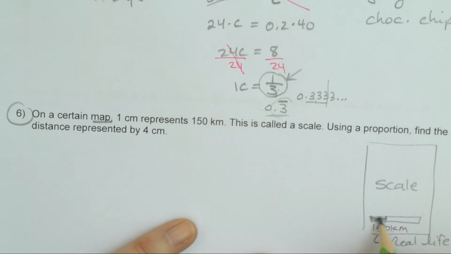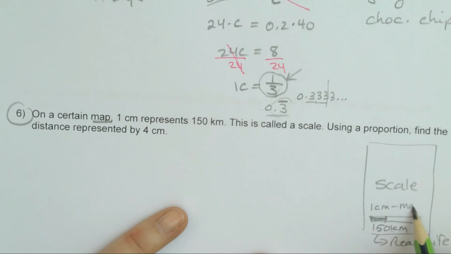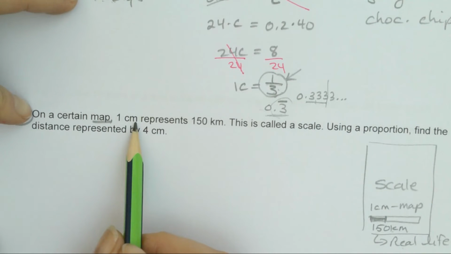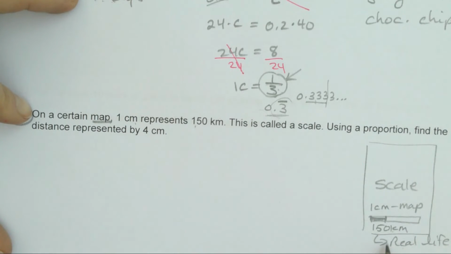And here it might say 1 centimeter. So 1 centimeter on the map represents 150 kilometers in real life. Okay, so on a map, 1 centimeter represents 150 kilometers. This is called a scale.